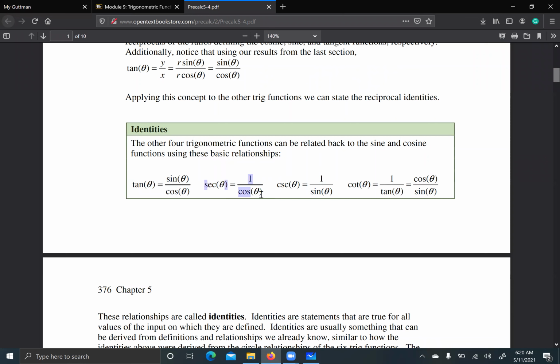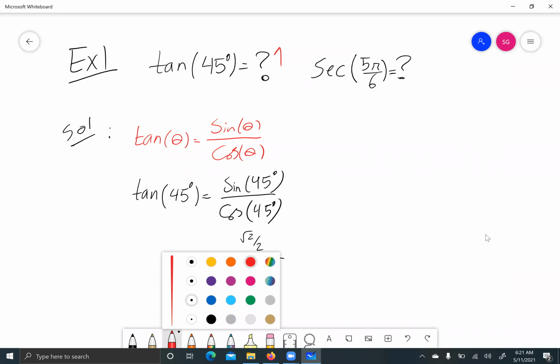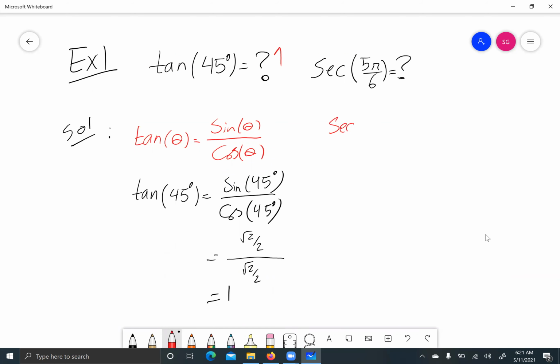The relationship between secant and other trig functions is that it is closely related to cosine. So secant is 1 over cosine. Let's try this identity, because we know how to calculate sine and cosine, so it would be easier.